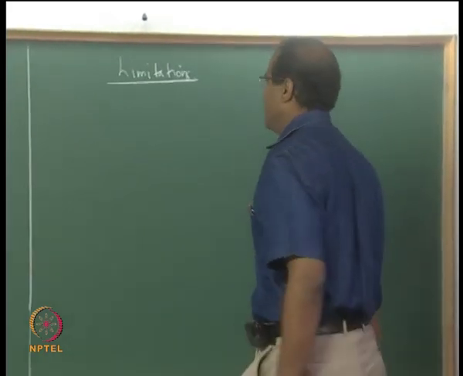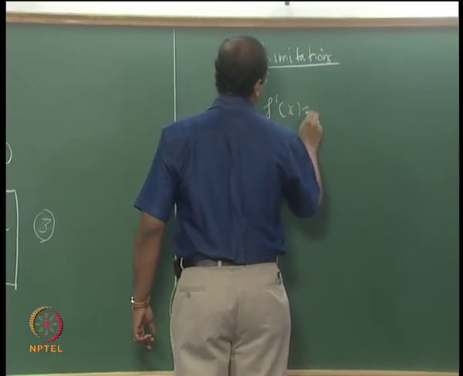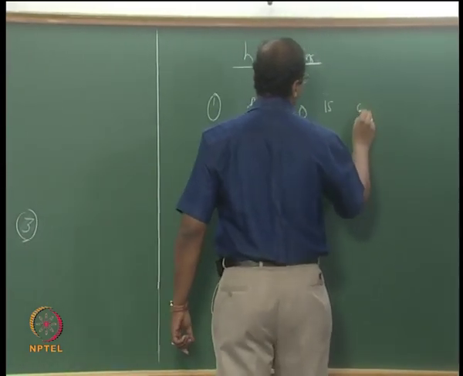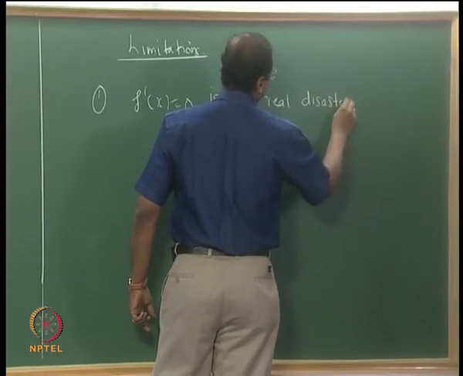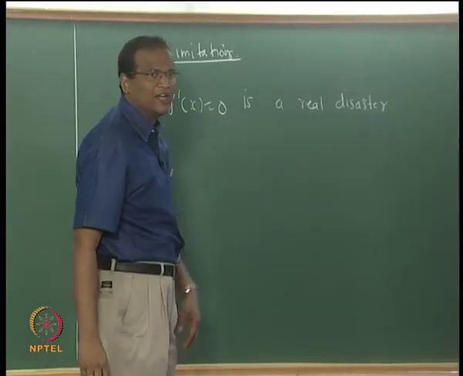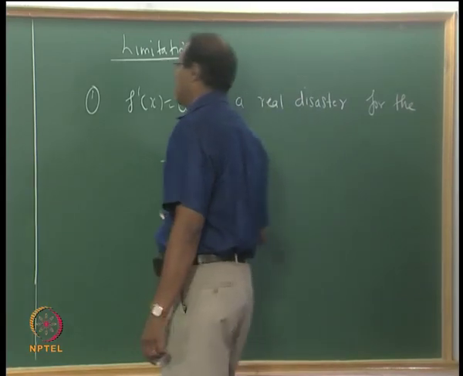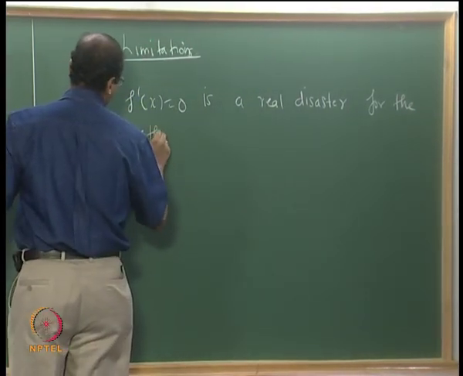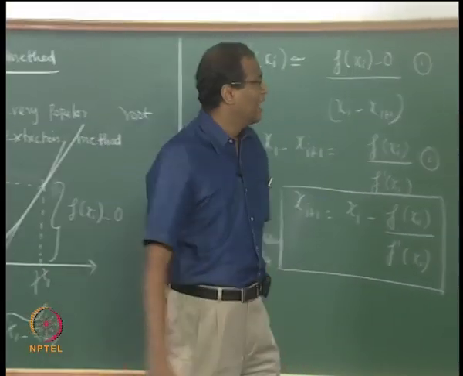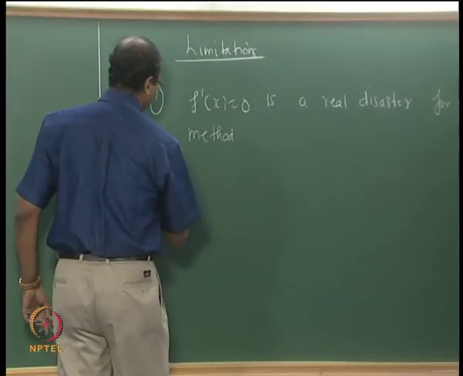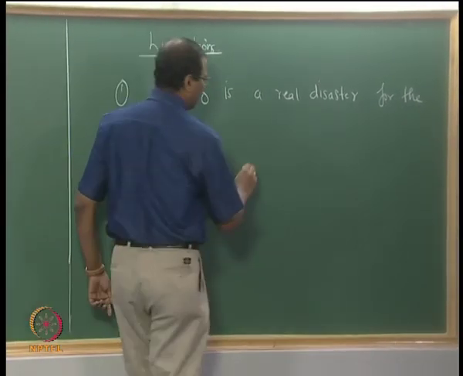So, f dash of x equal to 0 for any iterate is a real disaster for the method. F double dash of x equal to 0 causes the solution to diverge.